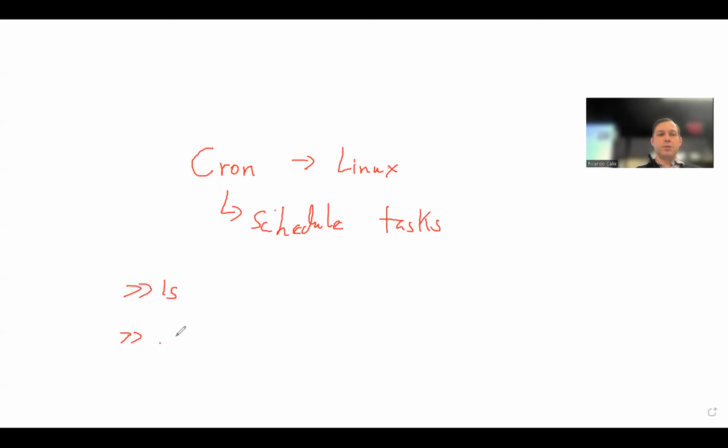You can execute a script, let's call it example1.py. You know that you can do this, but now the additional component is that you can actually schedule these commands or scripts to run at specific times. That's really the advantage of cron, and that's what we are going to be doing today.